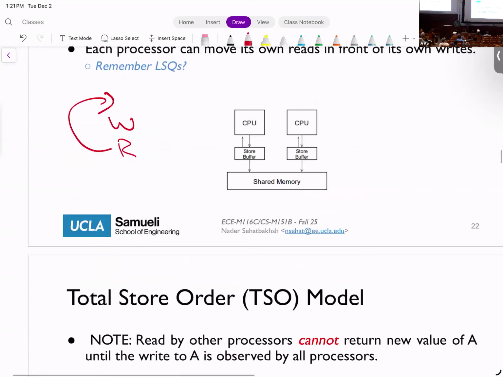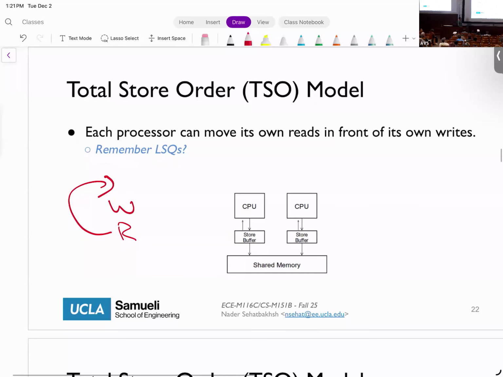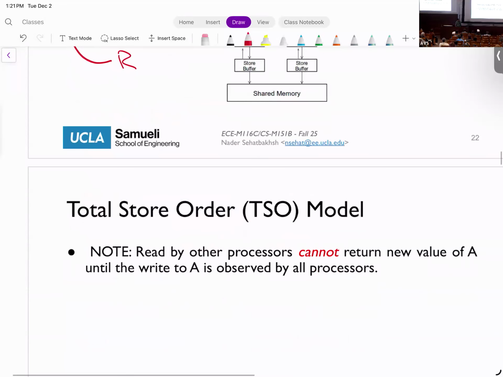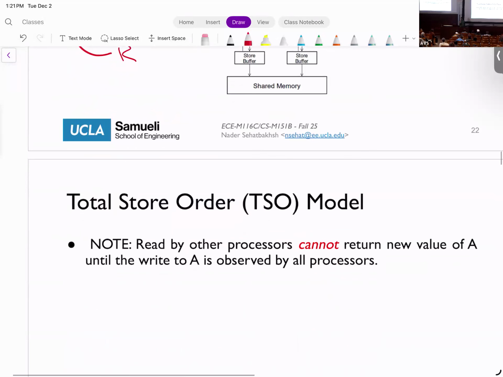But an important thing about TSO is that it maintains the following important point: if someone else is reading from address I, the others will see the updated value all the time.